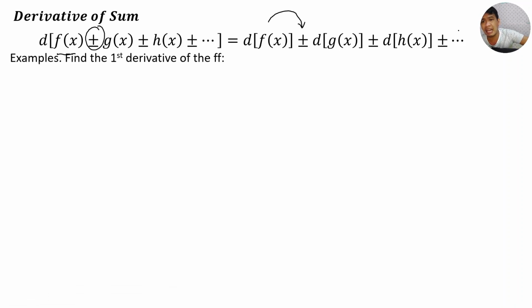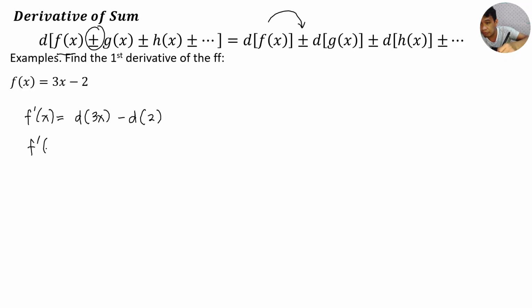So examples, I have here, find the first derivative of the following. So if I have here f of x is equal to 3x minus 2, so what we will do is to take the derivative of the first term, that's 3x, minus the derivative of the second, 2. So this gives us f prime of x is equal to 3 times the derivative of x minus the derivative of 2.